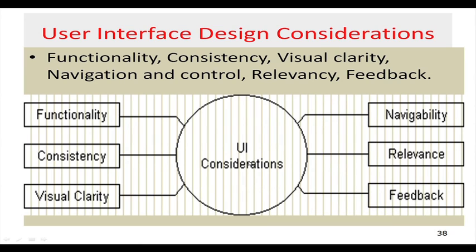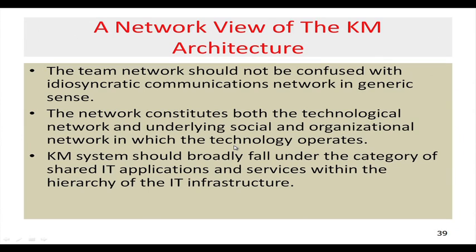It means the user must find it useful, they get relevant and consistent information, it should be clear to them, they would be able to navigate, meaning it is easy to use or access, the information that they are going to have should be very relevant, and then they should be able to get feedback out of the system, right. So, these are the criteria. So, when you are going to design a system, especially for the users, make sure that you design a KM system which meets these criteria or characteristics.